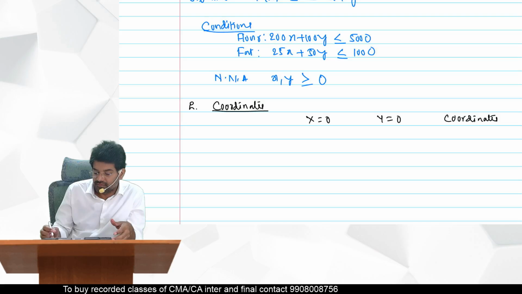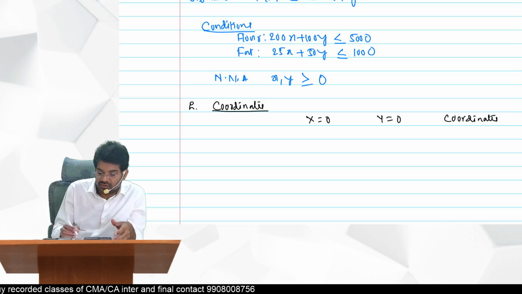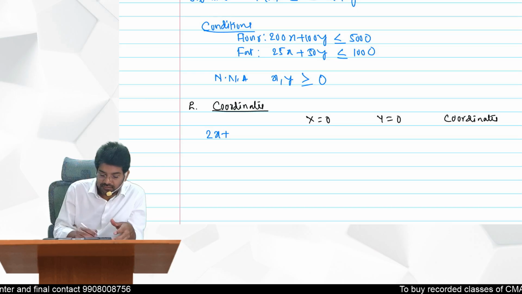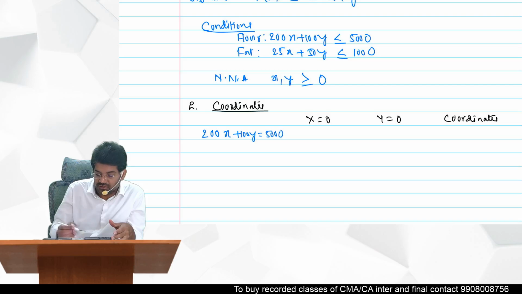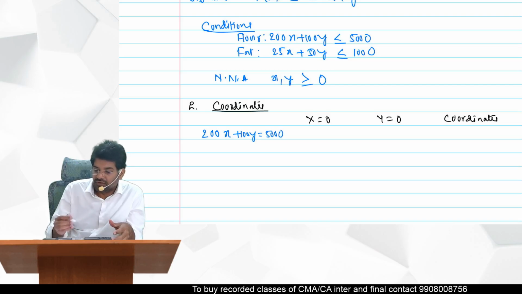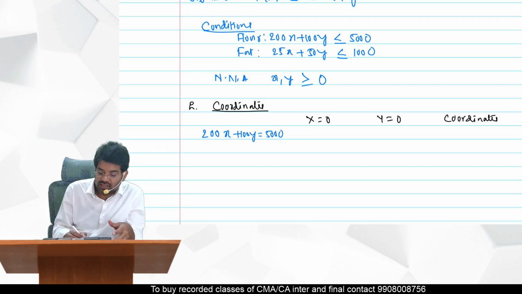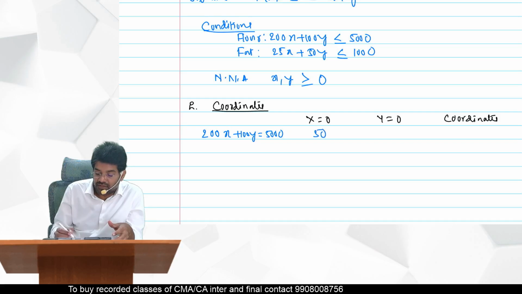What is the first equation now? 200x plus 100y is equal to 5000. Okay, I am substituting first, if x is equal to 0, then y is equal to 5000 divided by 100. It will be 50. Y is equal to 50.